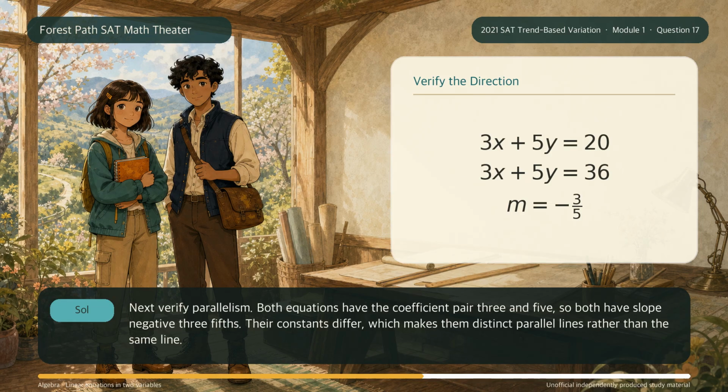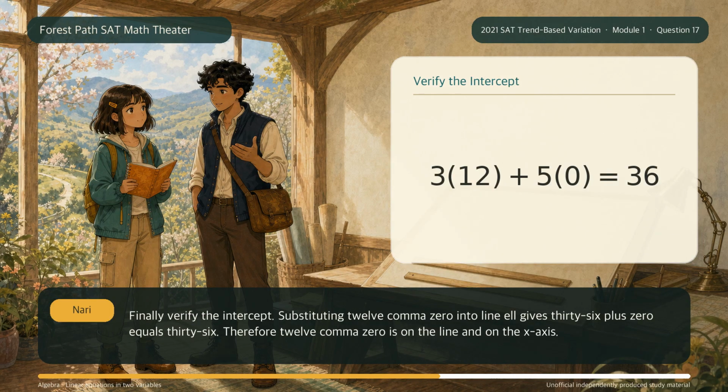Their constants differ, which makes them distinct parallel lines rather than the same line. Finally, verify the intercept. Substituting 12, 0 into line L gives 36 plus 0 equals 36. Therefore, 12, 0 is on the line and on the x-axis.